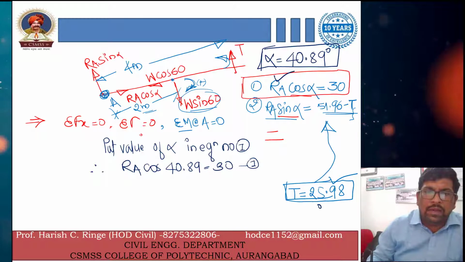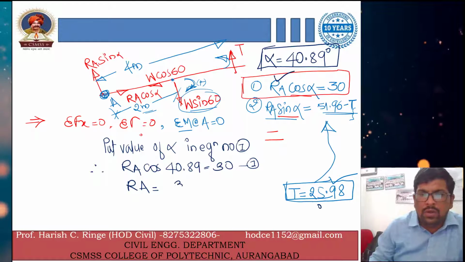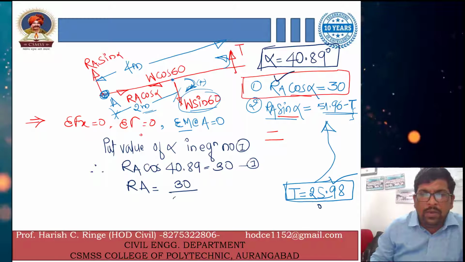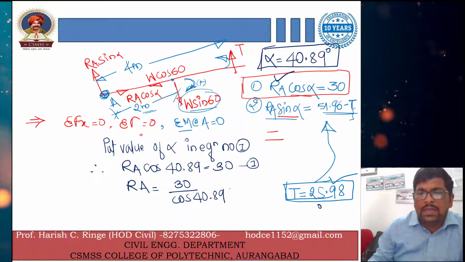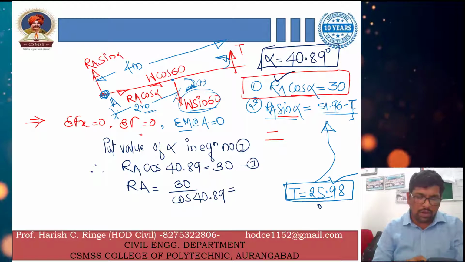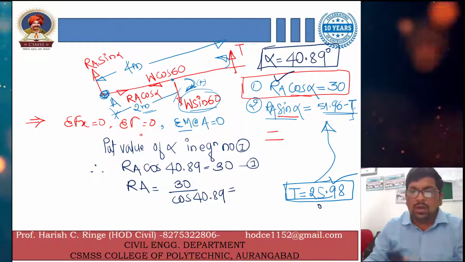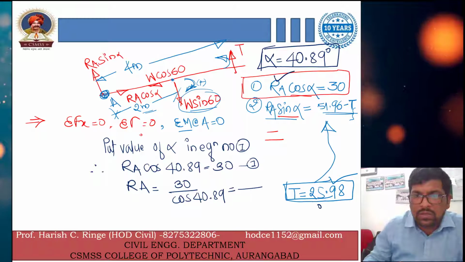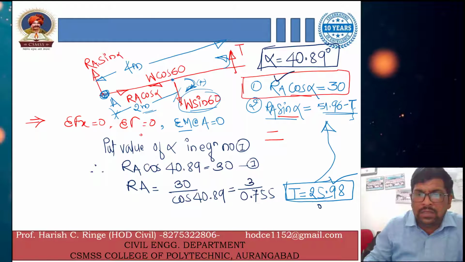So after calculating this, you will get Ra is equal to 30 divided by cos of 40.89, that is equal to 30 divided by cos of 40.89, which is nothing but 0.755. So this is 0.755 and this is 30.